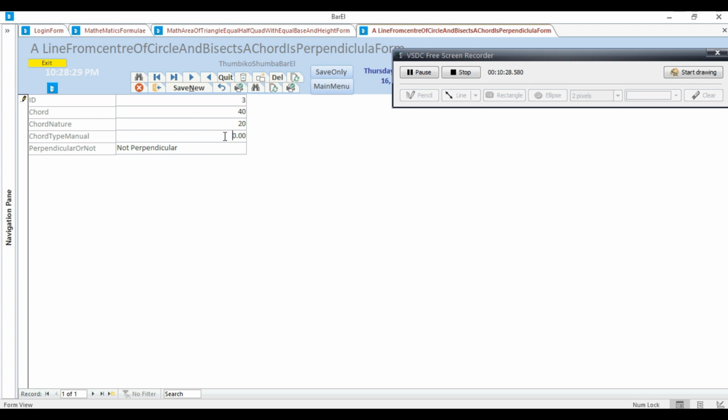If the answer is again 20, then it's a perpendicular line. But if it's 10, then it's not perpendicular because it has not bisected the chord. You see, the half of 40 is 20, not 10. But if it's 20, then it's a perpendicular line.